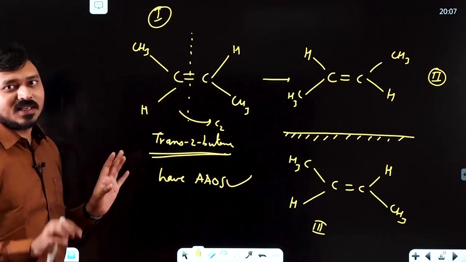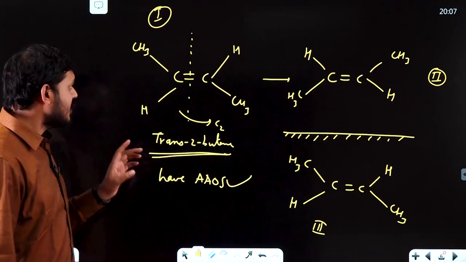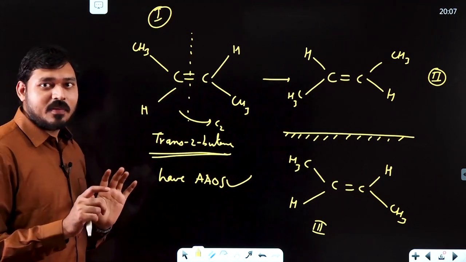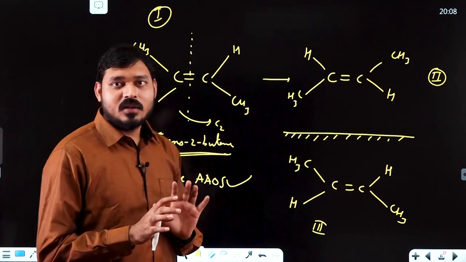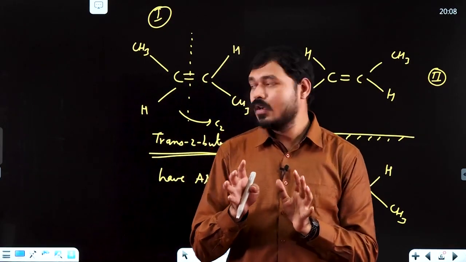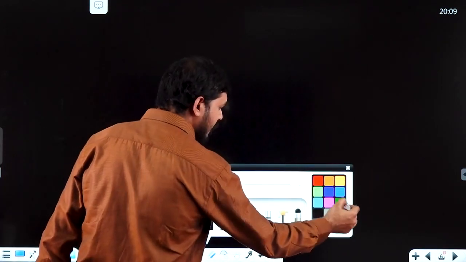It is one of the best examples to show you the alternate axis of symmetry. Here I have chosen the example of sp2 hybridized carbons using a pi bond. Now I am giving you an example in 3D, three dimensions, of how to observe POS, AAOS. So let's take this example.